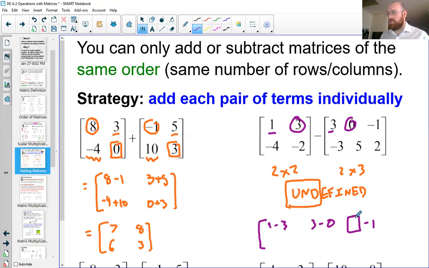So it's like a number that doesn't exist minus 1. So what's a number that doesn't exist minus 1? Well, it's another number that doesn't exist. And since that number doesn't exist, the entire matrix doesn't exist. So this is precisely where it becomes undefined.